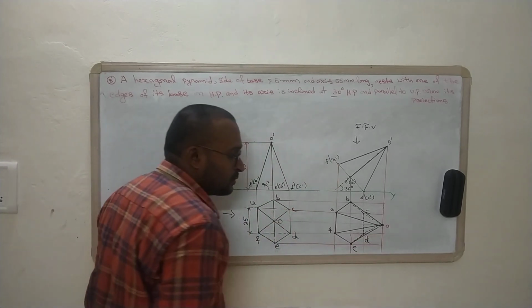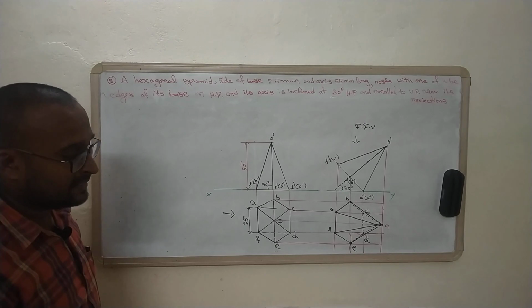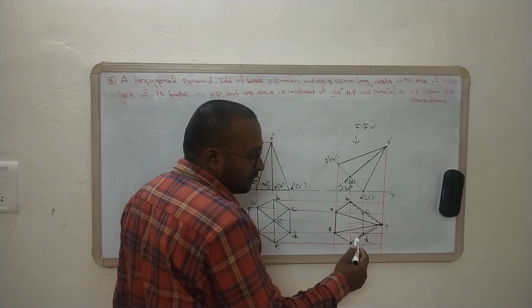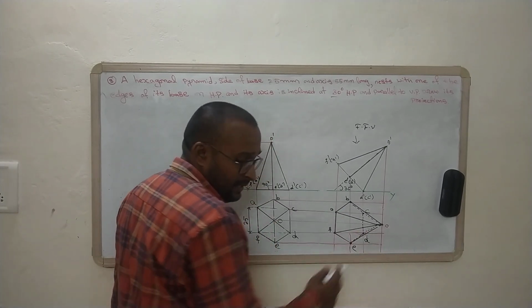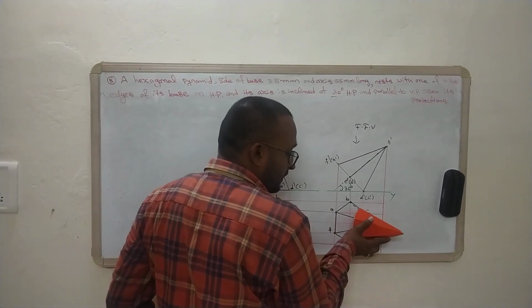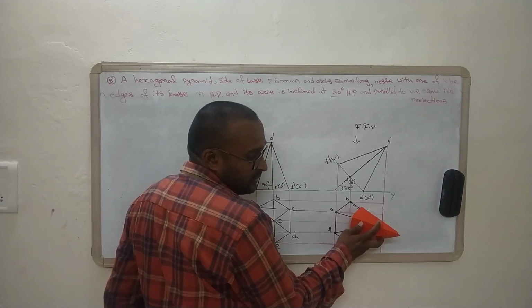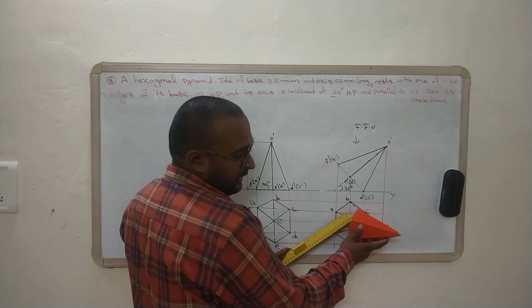So invisible lines should be drawn with hidden lines, that is dotted lines. So this is the finalized top view of the given problem. This is the hexagonal surface and this is the required reduced surface. Here this is the way, right? 1, 2, 3 surfaces are going to be visible, and then this surface will be completely invisible.